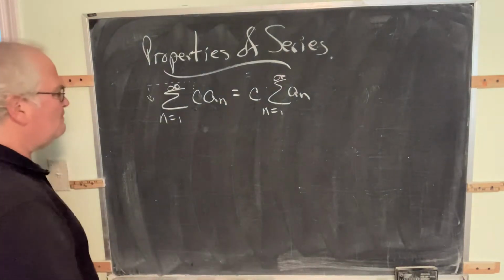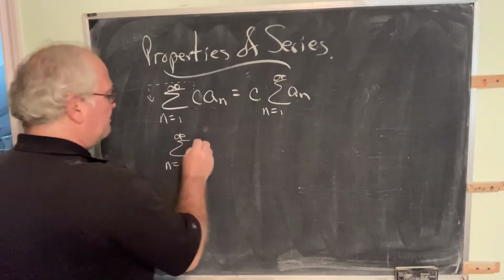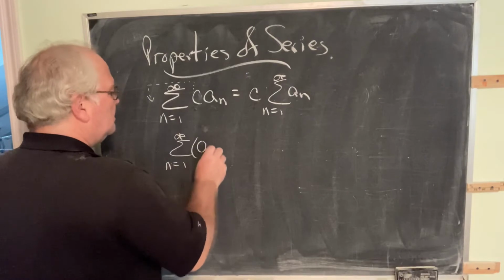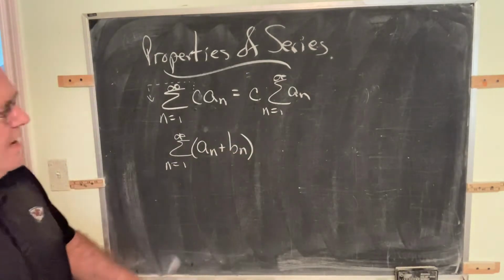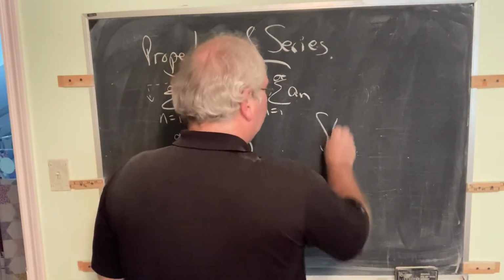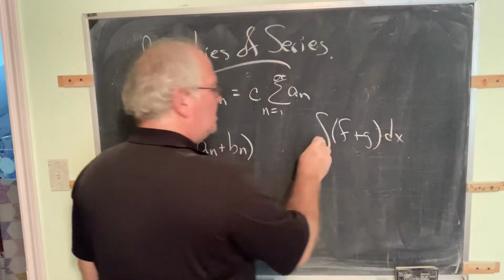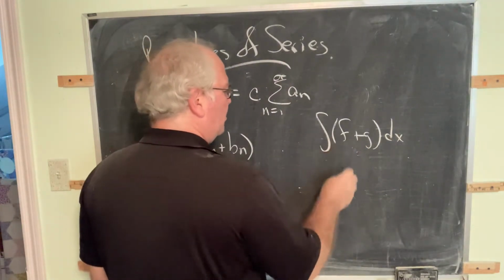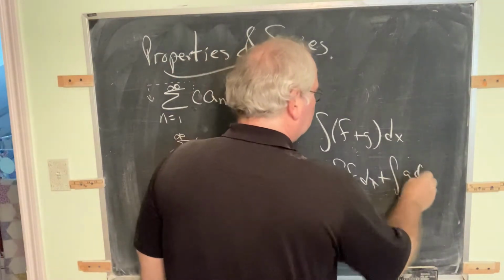All right? The second should also be very familiar. Now we know that if you have the sum of f plus g, the integral of the sum is the sum of the integral, right?